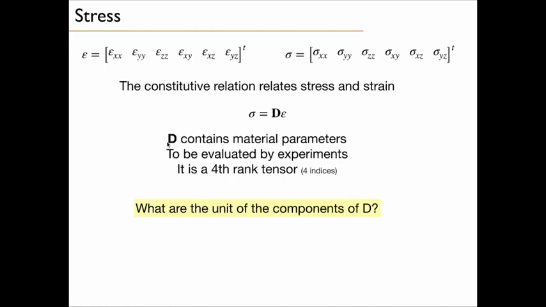It is a 4th rank tensor. It means it has explicitly 4 indices instead of 2. So what are the units of the components of D? That's a fairly simple question. Here you have no unit, here you have Pascal, so the components of D are in units of Pascal.